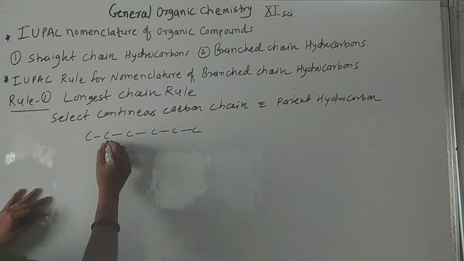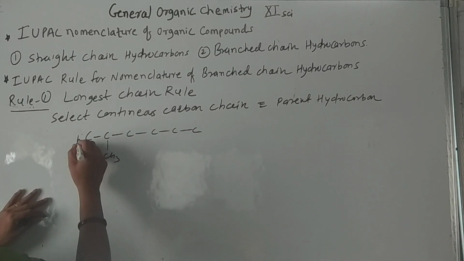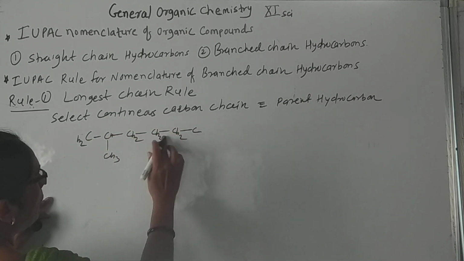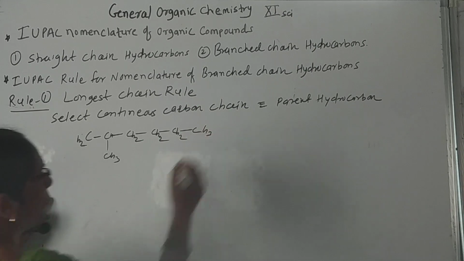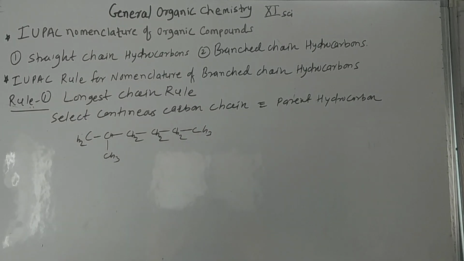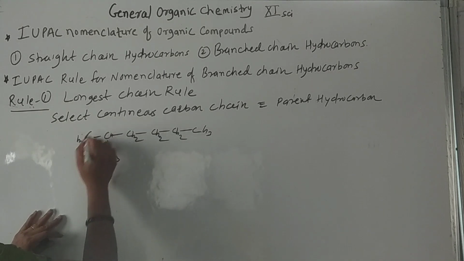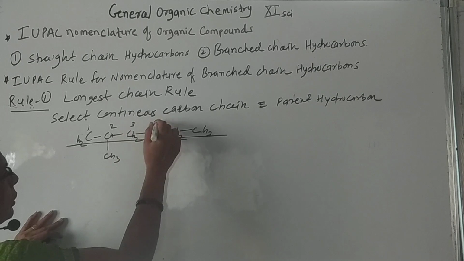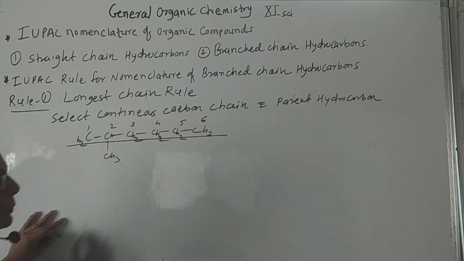Suppose I have this compound. I have to write the name of this organic compound. So I have to select the longest continuous carbon chain. I can select the longest continuous chain as this. How many carbons? 1, 2, 3, 4, 5, or 6.